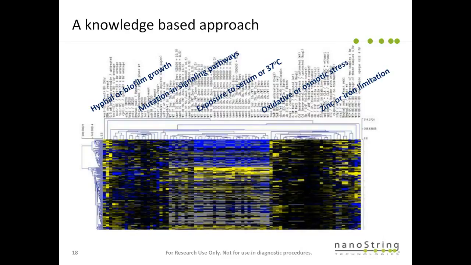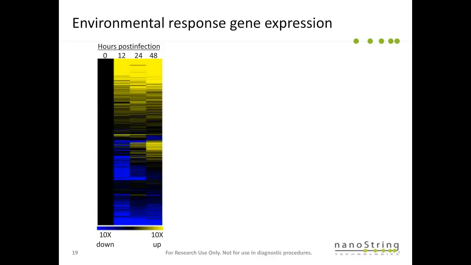From those studies, we collected 250 genes representing diverse environmental response pathways. We made probes against those 250 genes, and we use those probes for the in vivo study, which I'm going to present. Here is a figure showing what happens to those 250 genes during the infection at 0, 12, 24, and 48 hours.